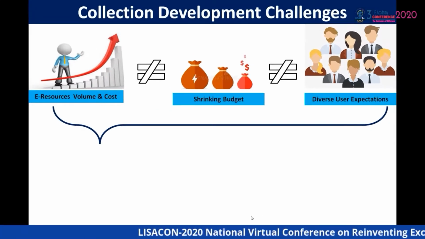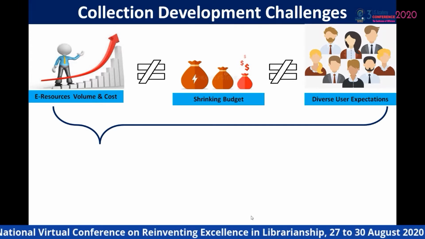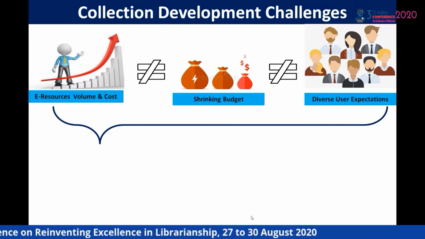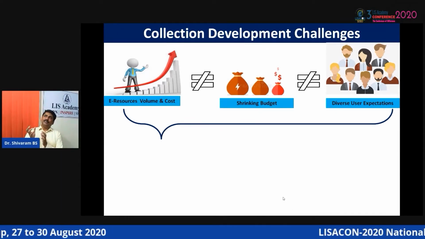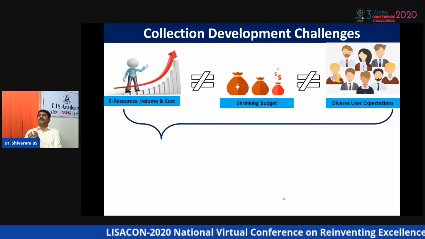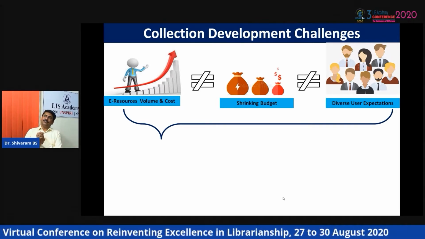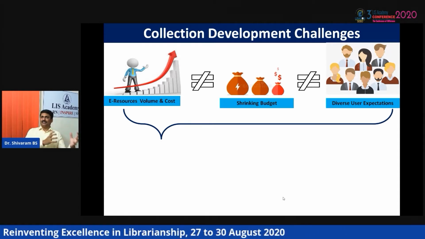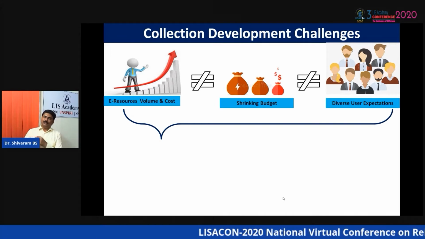At the same time, unfortunately, the cost is also skyrocketing. Another major challenge present-day libraries are witnessing is shrinking budgets. Year by year, instead of increasing, the budget is decreasing. So we find it really difficult to bridge the cost increase of resources and the budget available to libraries.